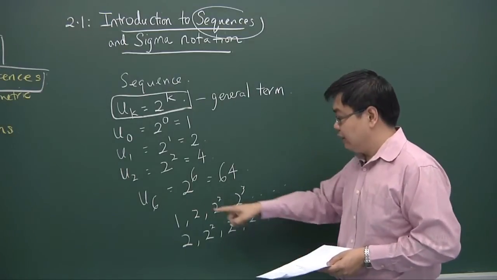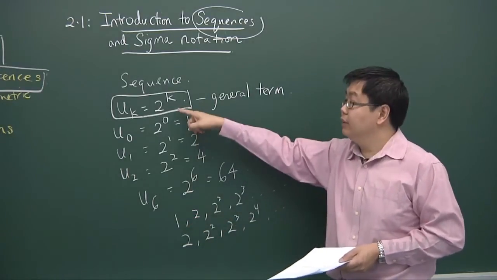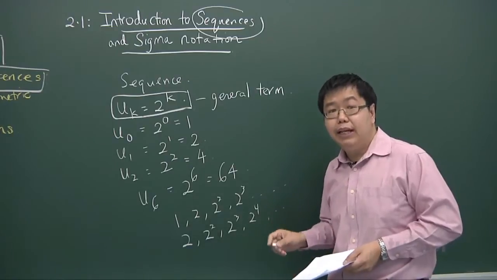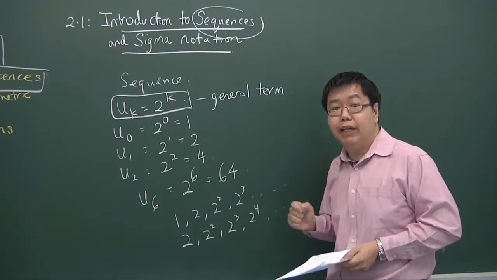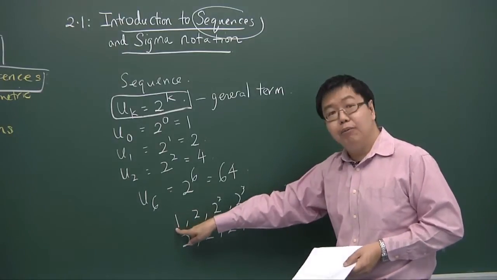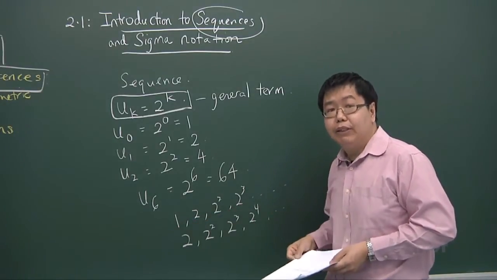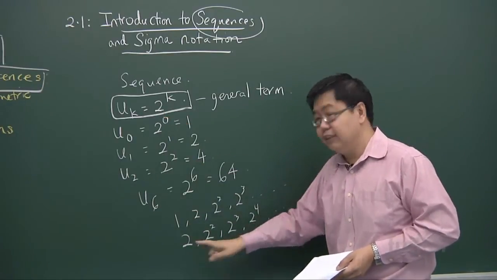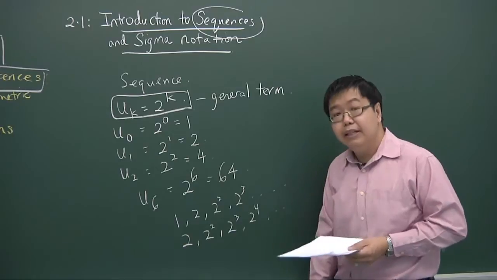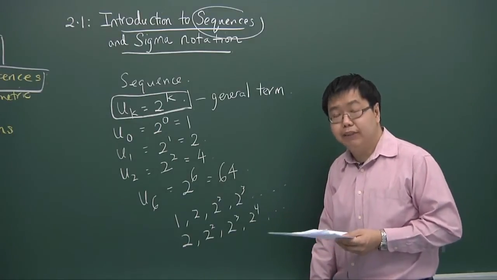So you realize that whether you start with k equals 0 or k equals 1 depends on the problem. If the problem wants you to start off with k equals 0, then your first term will be 1. If the question wants you to start off with k equals 1 as the first term, then your first term will be 2.